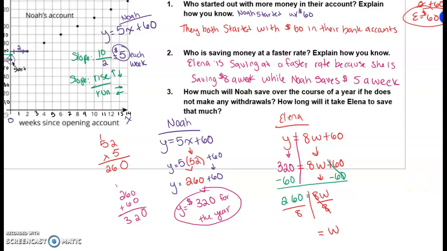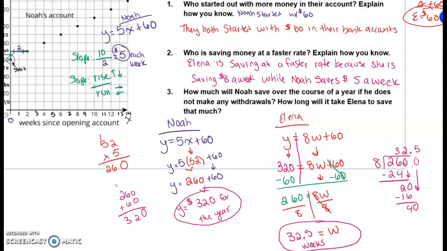I'm left with w equals 260 divided by 8. That can go in 3 times. 24. Oops, sorry, that's a really bad 6. 6 minus 4 is 2. And then we can get close to 2, which would be 16. We add our 0. It's going to take her about 32.5 weeks to save that much money.